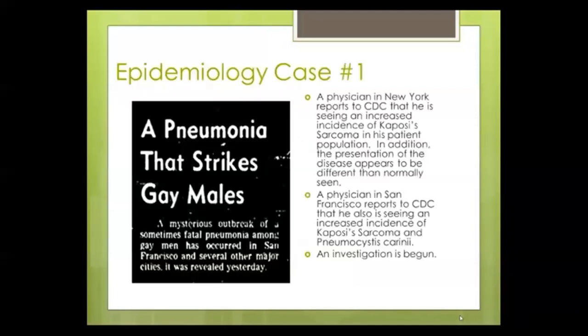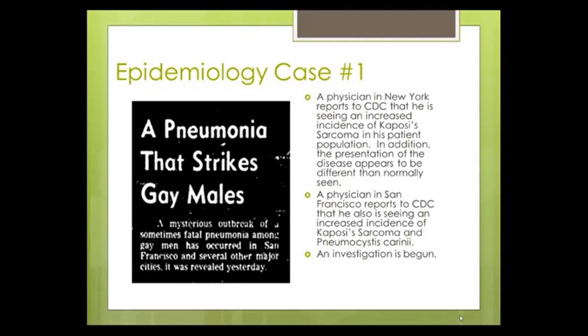So let's explore a real-life case of how epidemiologists found a new disease condition. This first case happened back in the 1979-80 time frame, and there was a physician in New York who reported to the Centers for Disease Control and Prevention that he was seeing an increased incidence of Kaposi sarcoma in his patient population.